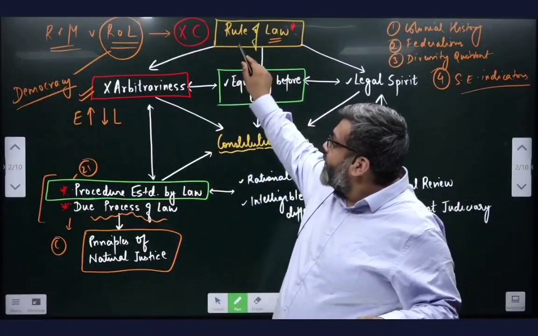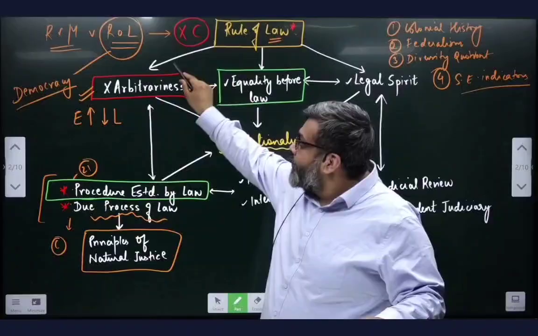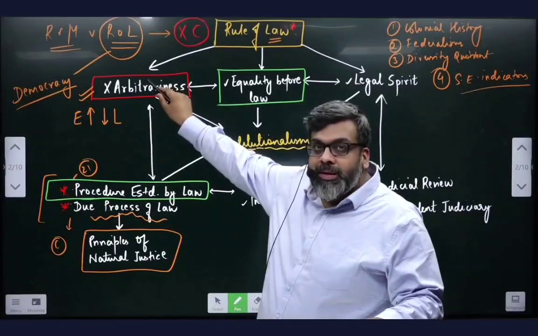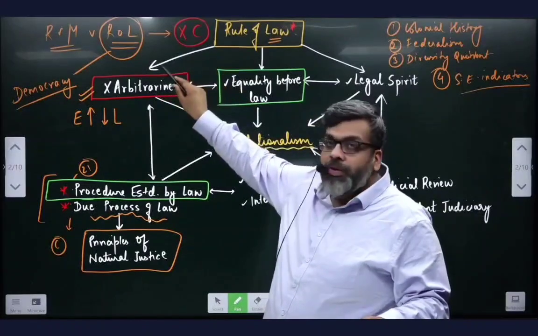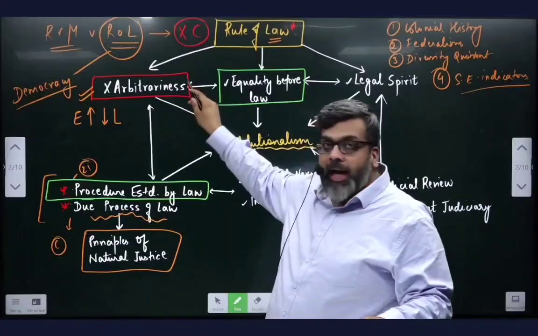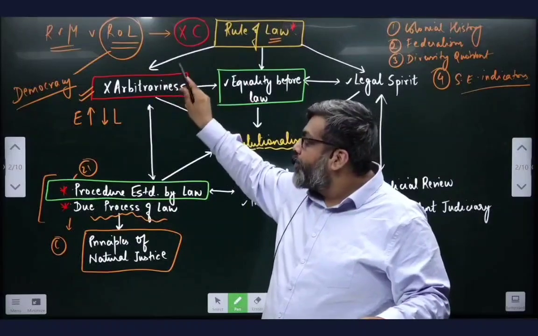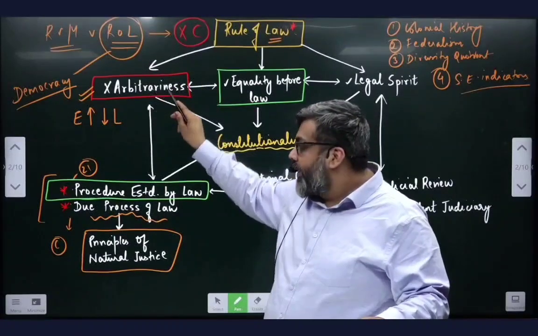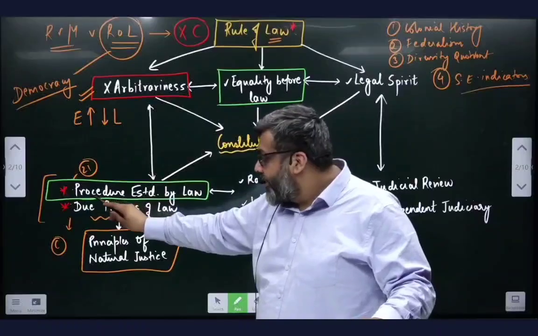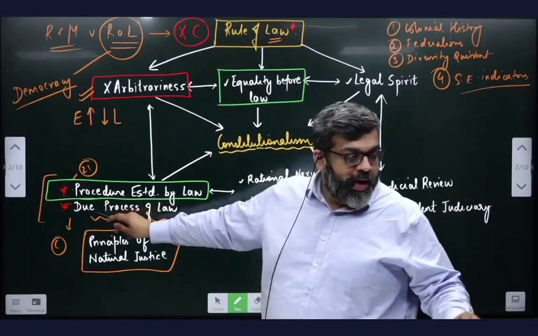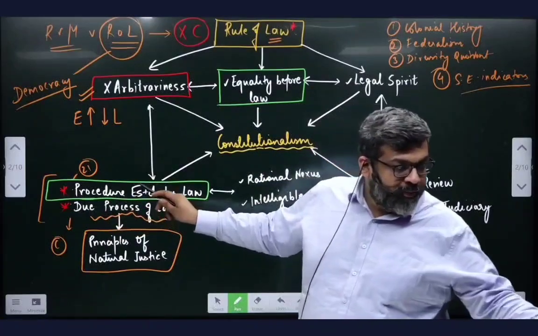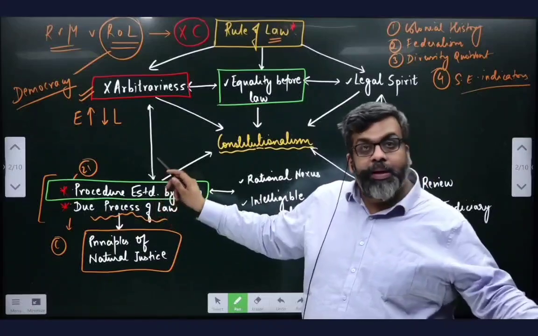So which is why you'll see the journey starts from rule of law, comes to arbitrariness, that for there to be rule of law, there should not be any arbitrariness. And how do you ensure there is no arbitrariness? Is by making sure there is procedure established by law and there is due process of law. Are we okay with this? Do we understand this?